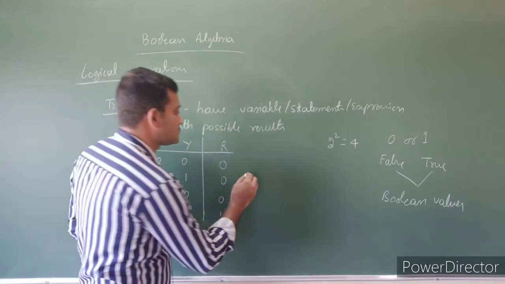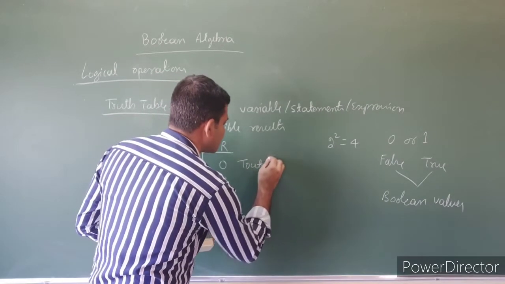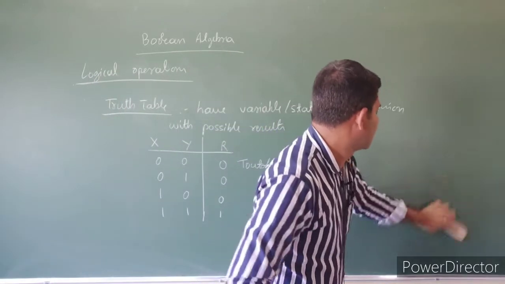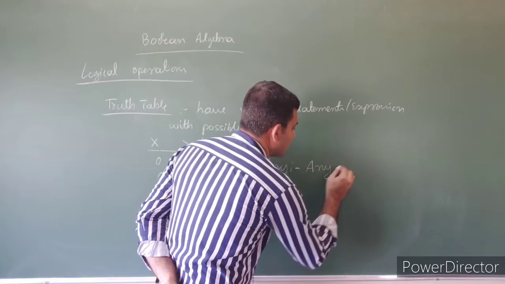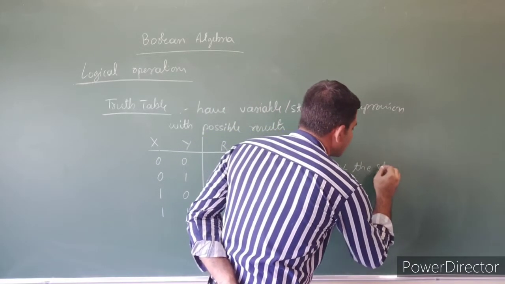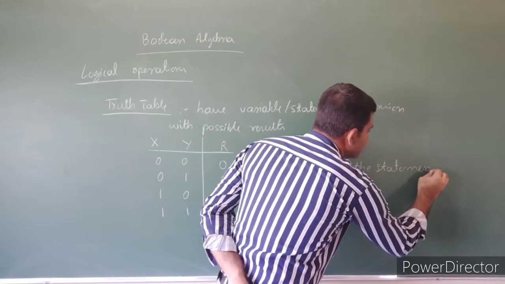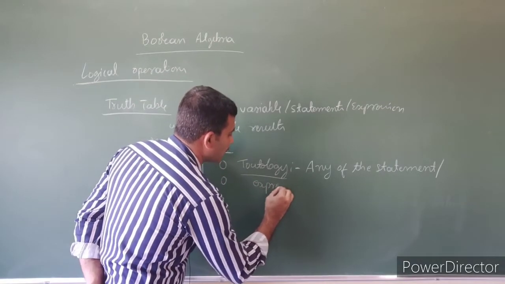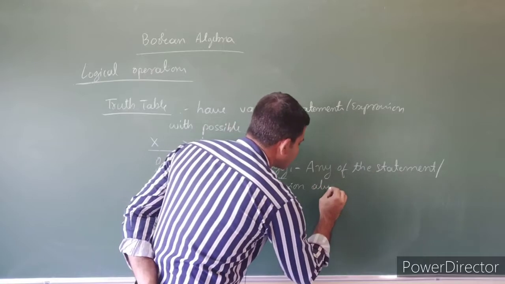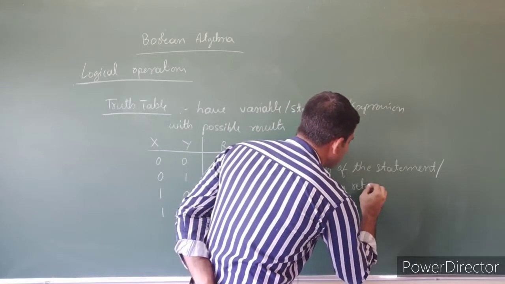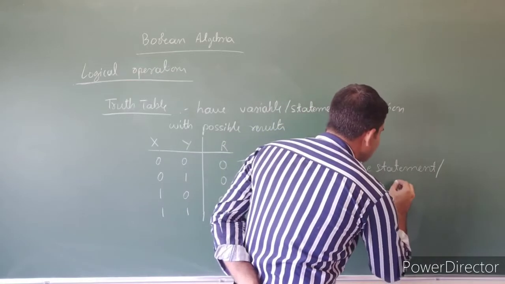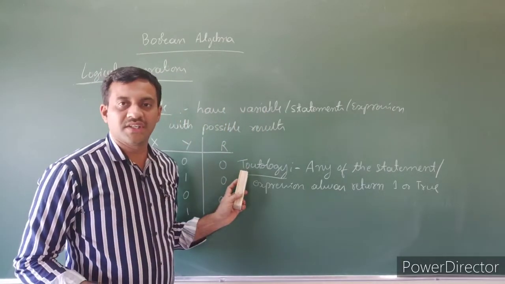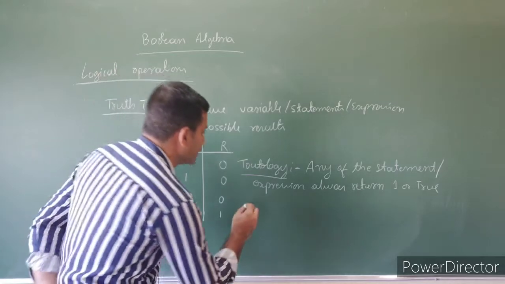What is a tautology? Any statement or expression that always returns or gives 1 or true is called a tautology.